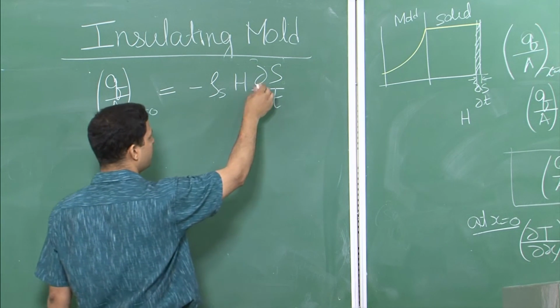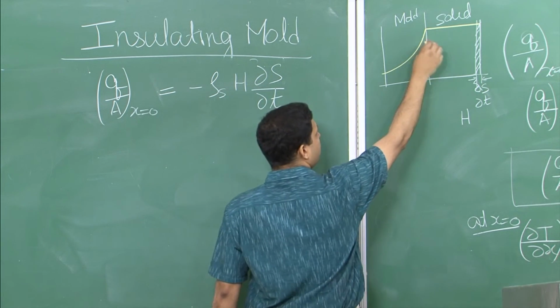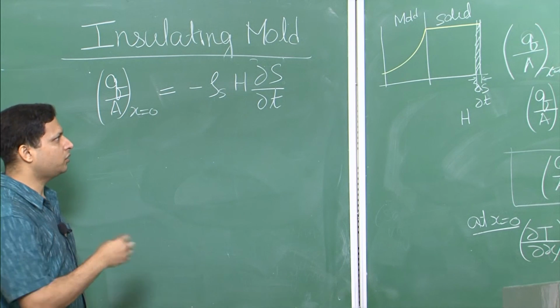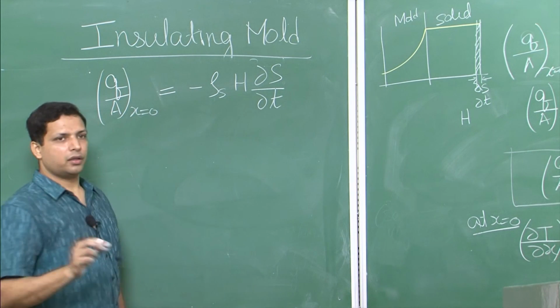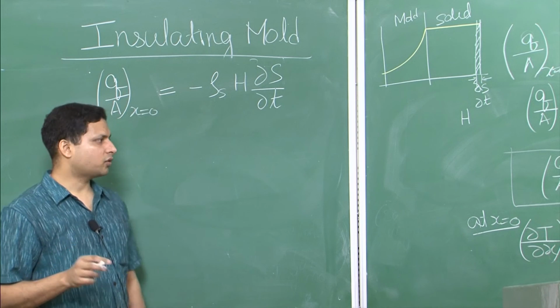So, whatever heat has been released is what is being transferred all the way from the liquid to the solid to the mold. So, that is the real Q over A, or the heat actually going in.